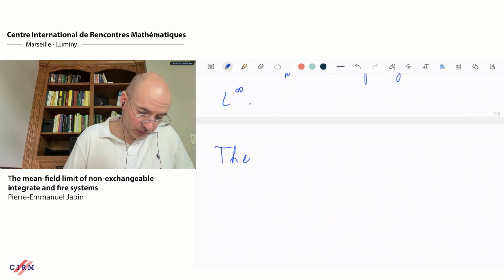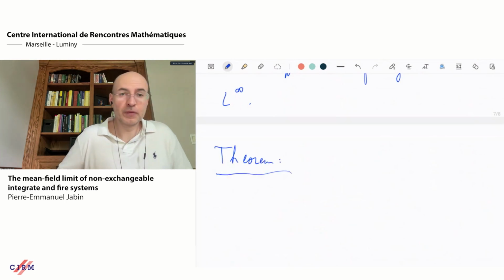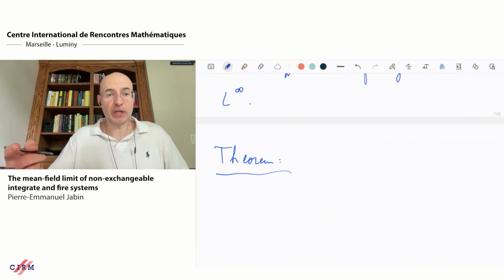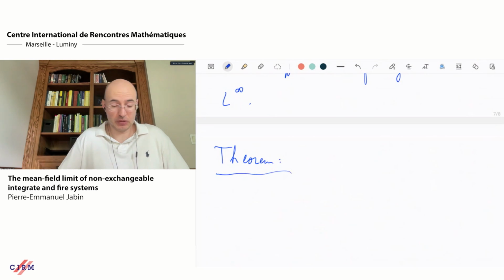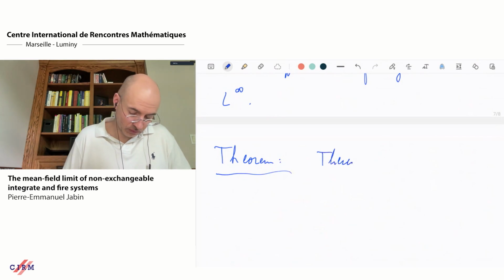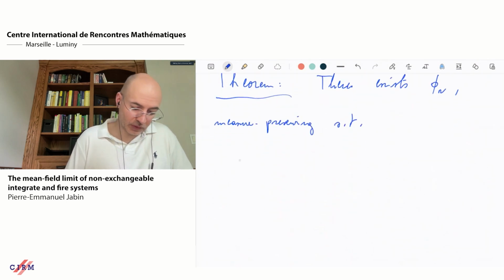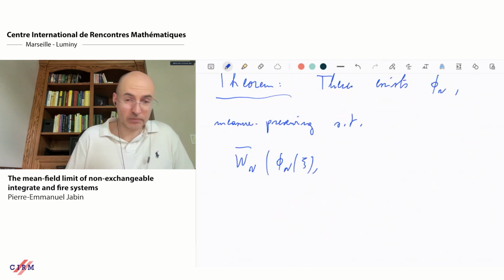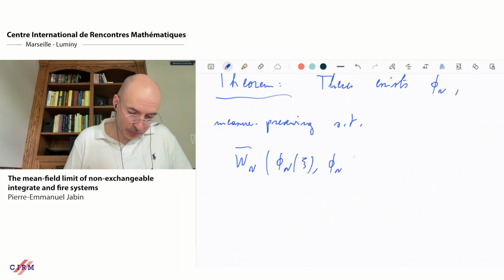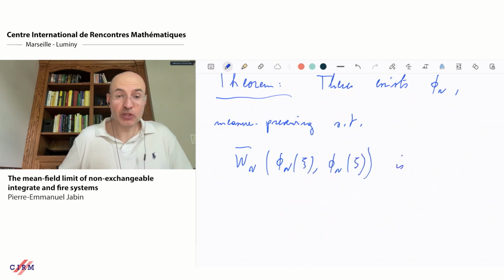And here is an incredible theorem. I can reindex, or I can perform a measure preserving bijection. So let's write it like that. There exists phi n, a measure preserving map, such that the W bar n, after reindexing, so after you apply phi n, is compact.